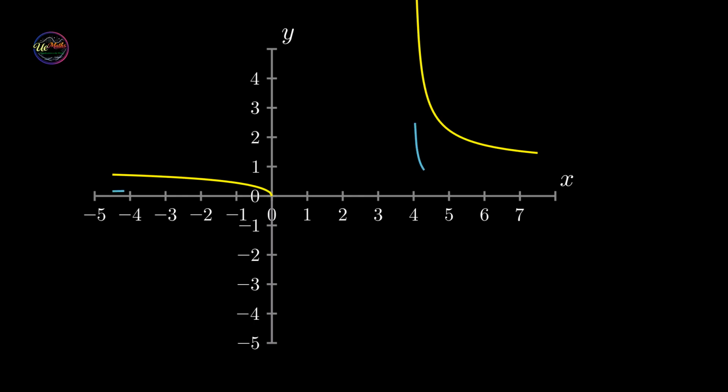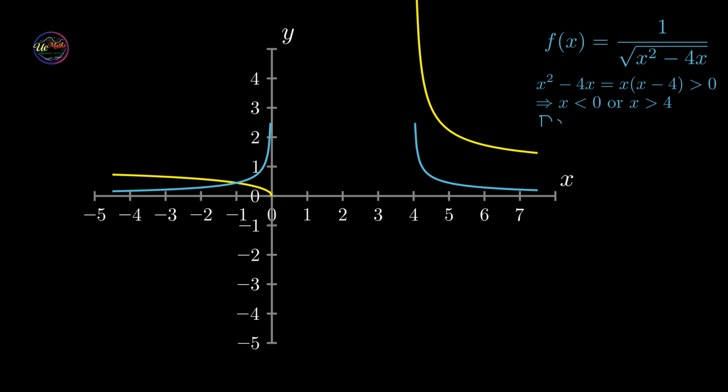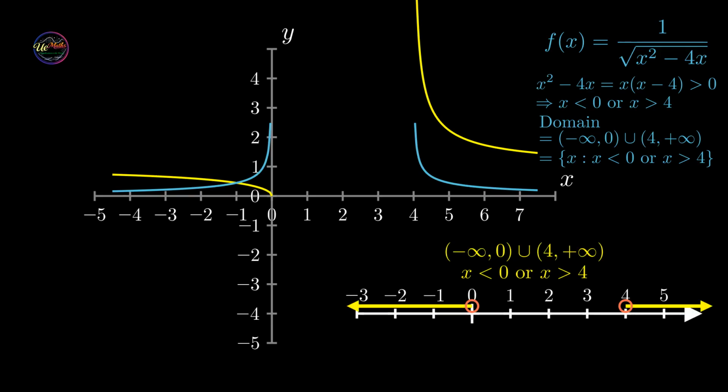The blue curve shows f of x equals 1 over the square root of x squared minus 4x. For this function to be defined, the expression under the square root must be strictly positive. So we need x squared minus 4x to be strictly greater than 0. We factor x squared minus 4x equals x times x minus 4.